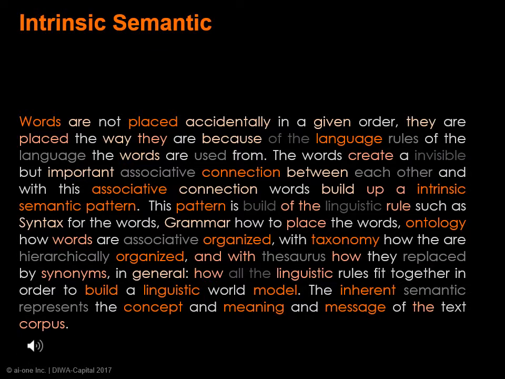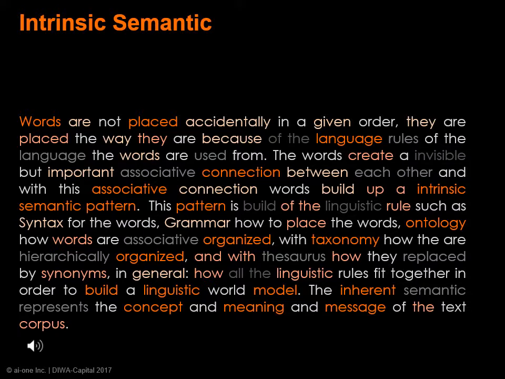Every word has a relationship with every word in a text corpus. And based on the grammar rules, the words are more important or less important based on the context in the text. That means sometimes a word in a given context is more important, but the same word in another context is maybe less important.